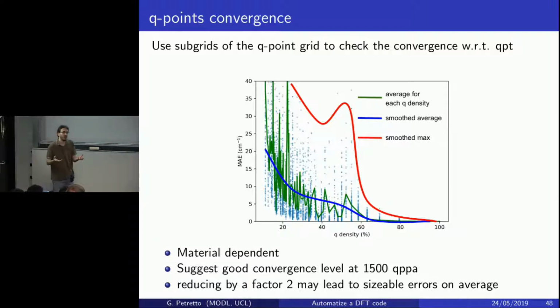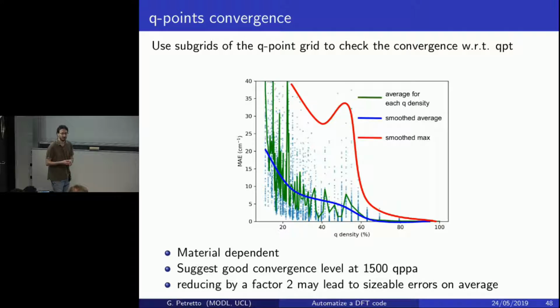When you have a certain grid, you can use subgrids to recalculate the same phonon frequencies, and then compare with the full set of Q points and see the errors. If you look at a grid which is not too small compared to the original one, the average error is relatively small.